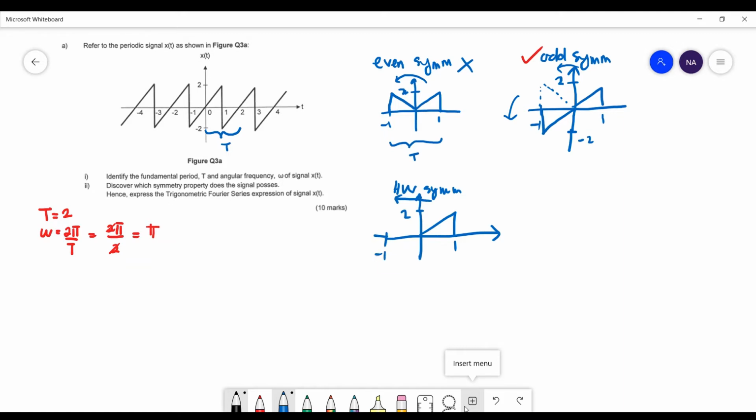So when you shift, the signal will come like this, and then after you shift, you need to flip, and then it will become like this. So this pattern is not the same as the original signal. So this one is also not true. So only odd symmetry holds for this signal.